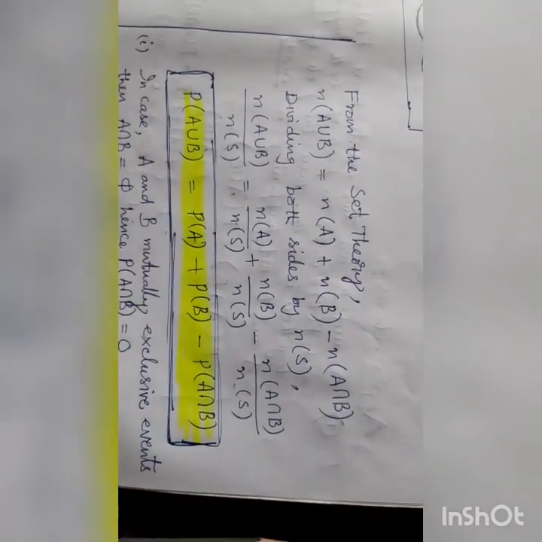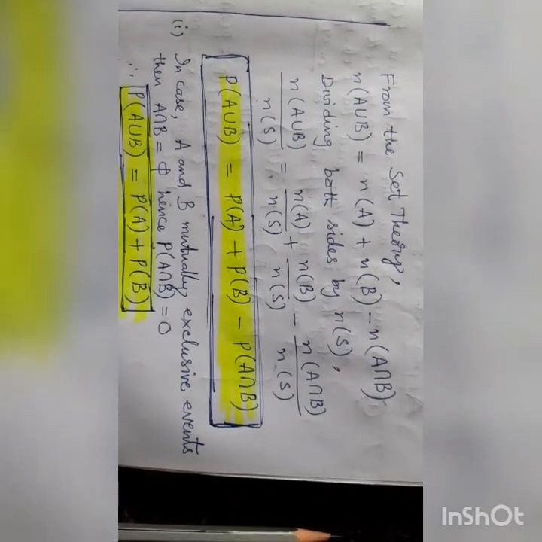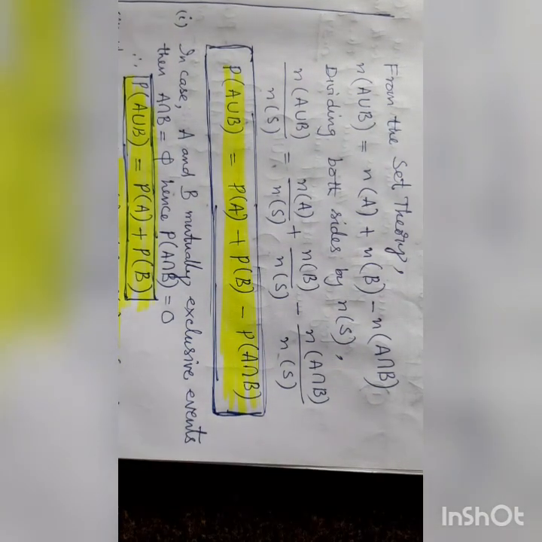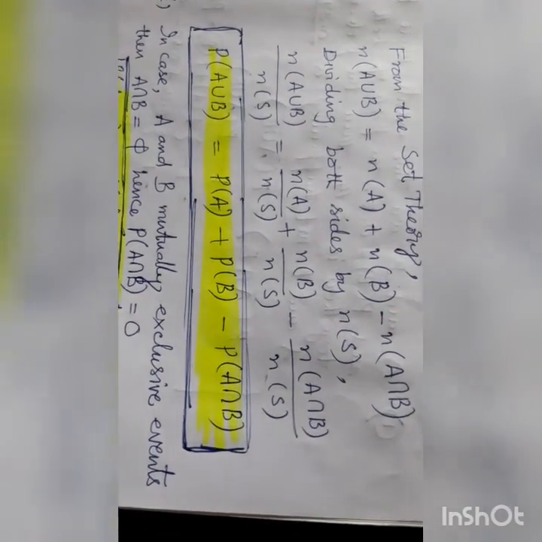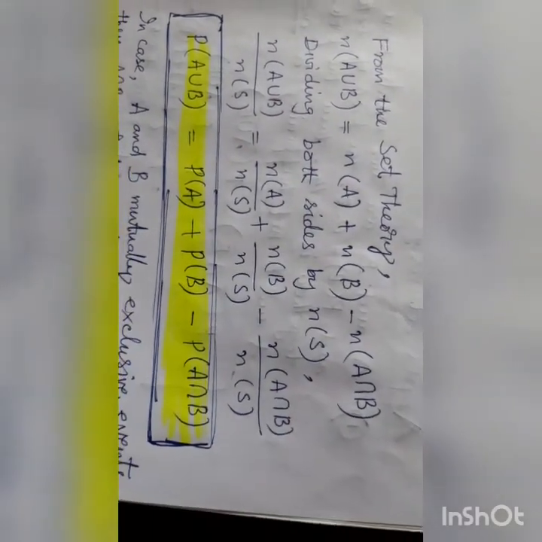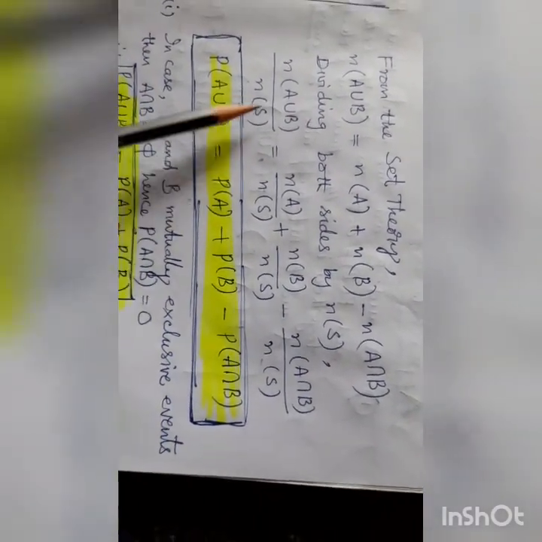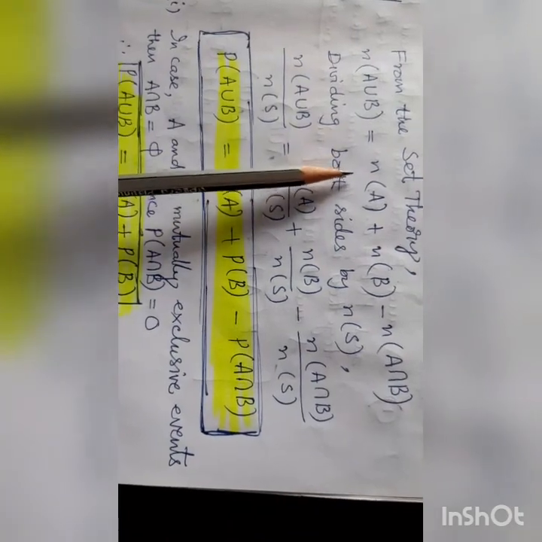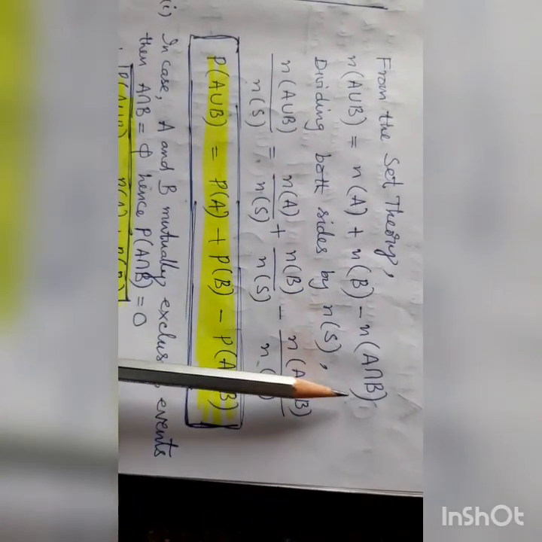From the set theory, please observe, n(A ∪ B) = n(A) + n(B) − n(A ∩ B).